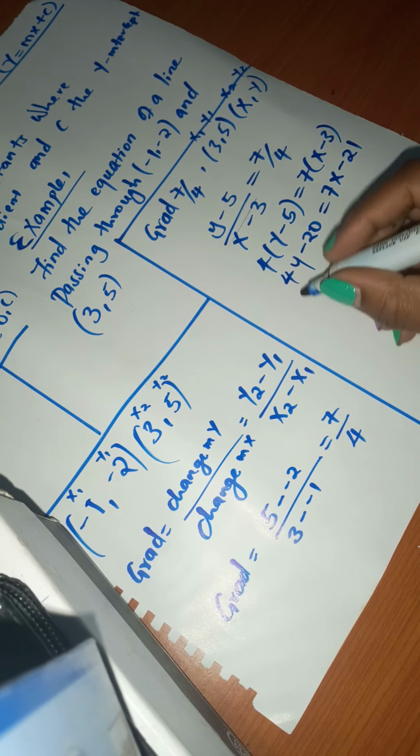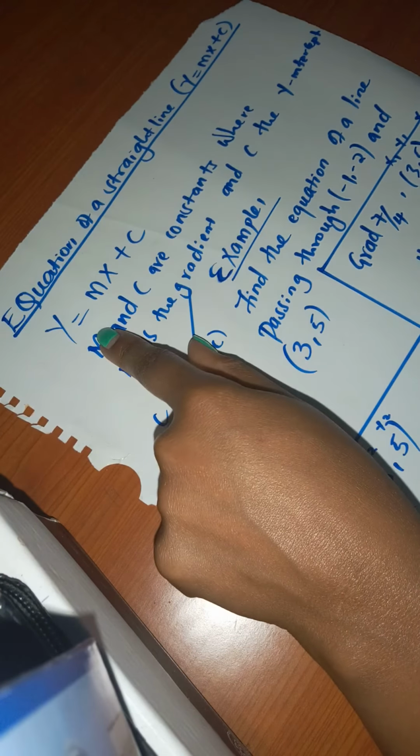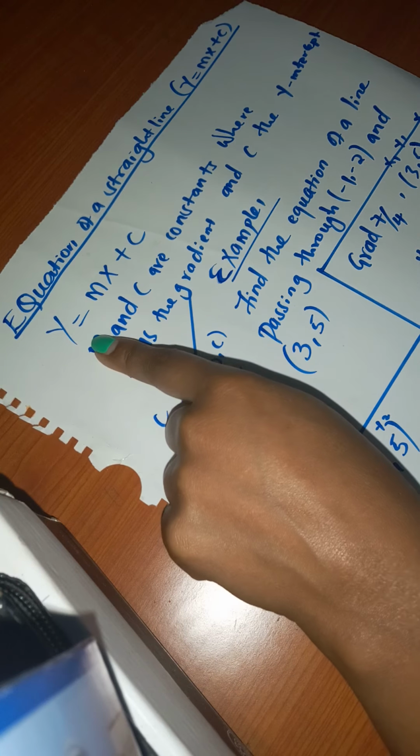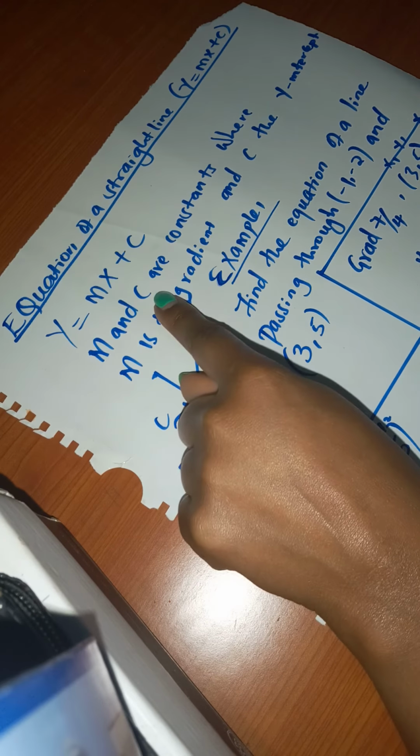Therefore, 4y should be equal to 7x minus 21 plus 20. I'm leaving y on one side because we said the equation of the line takes the form y equals mx plus c.